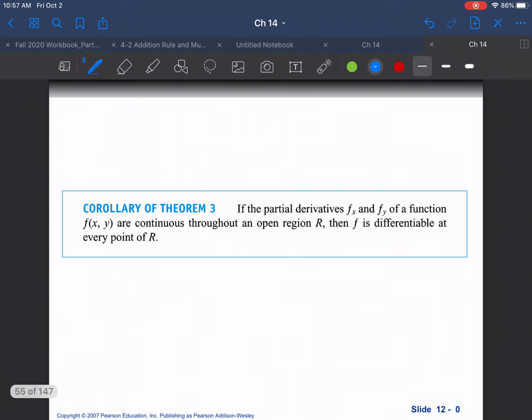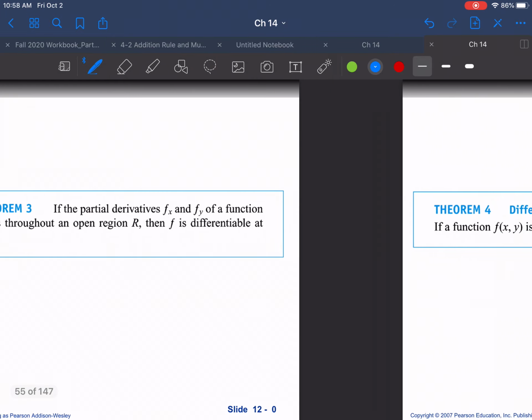All right. A corollary of that theorem 3 is if the partial derivatives, one with respect to x and one with respect to y, of a function f of x, y are continuous throughout an open region R, then f is differentiable at every point of R. All right, so if our partial derivatives are continuous throughout the open region, then it's differentiable at every point inside of there.